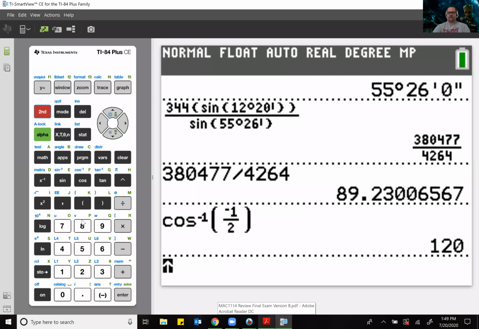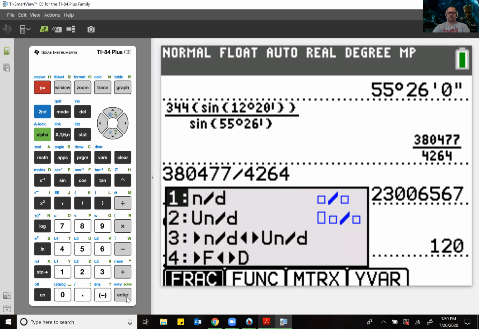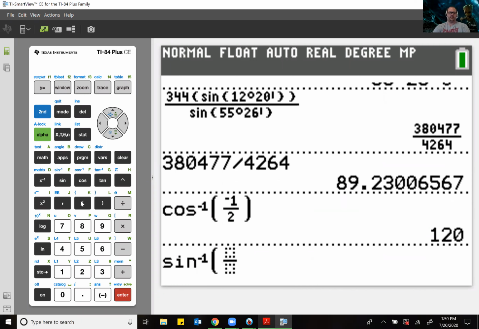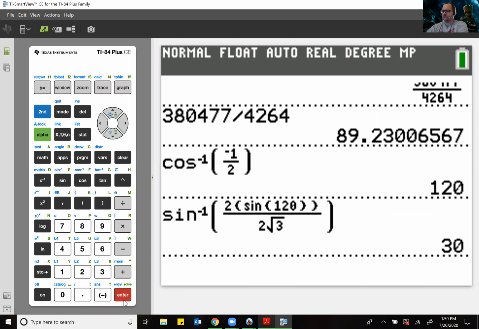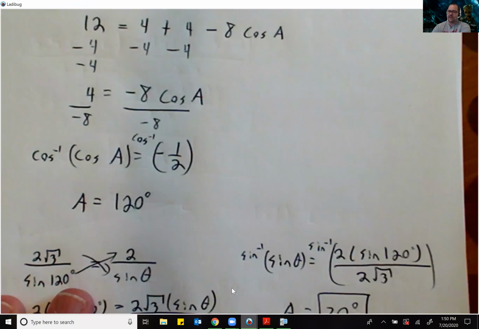Second sine inverse, 2 parentheses sine 120, close, close, all down below of 2 second square root of 3, out to the side, close it, boom, 30 degrees. And that's all you need. So theta is 30 degrees.